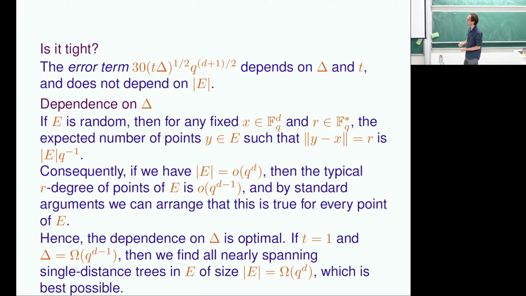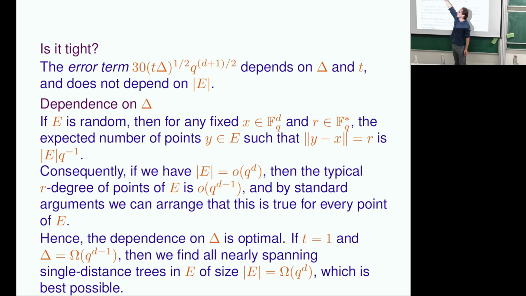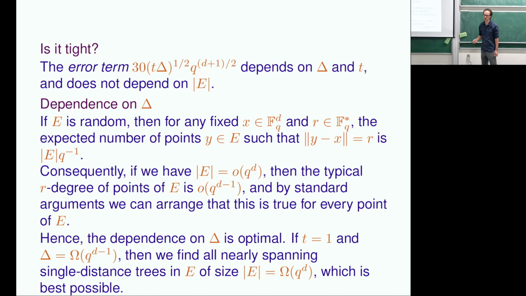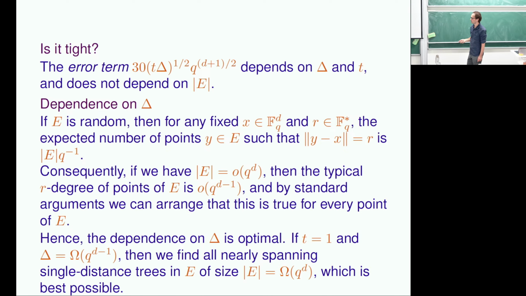So for single distance trees, when the degree is as large as possible, the dependence of our expression on delta is tight. If you replace this dependence on delta by anything smaller without changing any of the other parameters, you would end up with a false statement. There may be certain ranges of parameters where the dependence on delta could be improved, but you can't just replace delta to the 1/2 with any smaller dependence on delta.